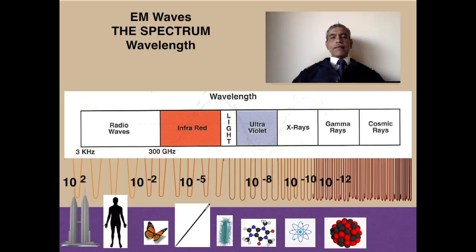Start with the leftmost of the radio wave spectrum and keep going towards the right, and I have shown the figures of the expected wavelength. As you can see, the tower and the buildings are 10 to the power 2 meters, of the order of 100 meters. That's where our general radio waves have their wavelength because of their frequency.